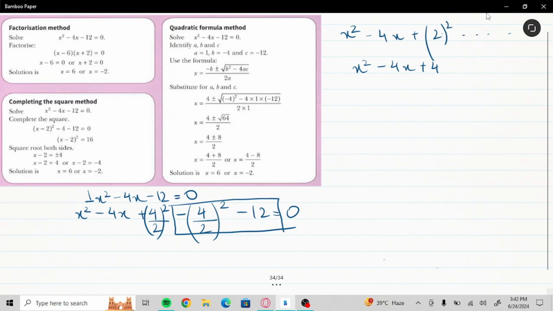And if you just concentrate here, you can see that this follows the identity a minus b whole squared is equal to a squared minus 2ab plus b squared. And what's the b squared? We have already found it out by dividing the coefficient of x by 2.